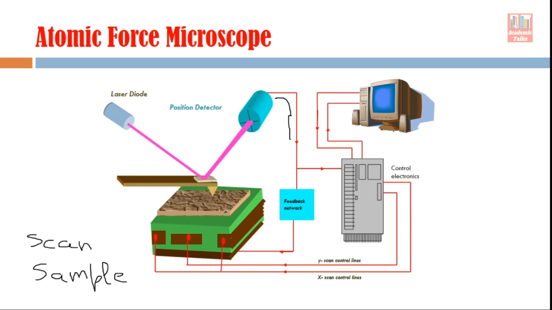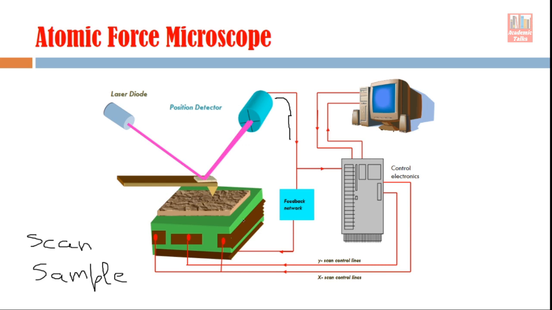If the gap is increasing, we move the sample holder in the upward direction, and if the gap decreases, we move the sample towards the lower side. That is necessary because if too much vertical deflection is taken by the cantilever, it will produce noise. That's why we prefer scanning by sample, because it reduces the possibility of noise in the system, right?